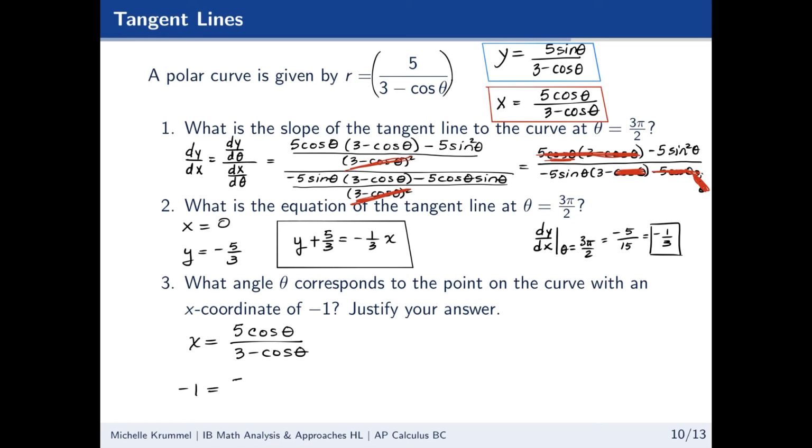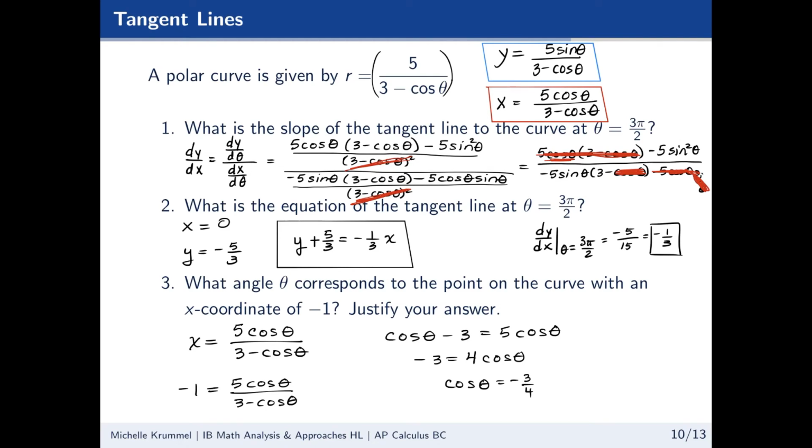Negative 1 equals 5 cosine theta over 3 minus cosine theta. Multiply both sides by 3 minus cosine theta. It's going to give us cosine theta minus 3 equals 5 cosine theta. Subtract cosine theta on both sides, we get negative 3 equals 4 cosine theta. Cosine theta equals negative 3/4.